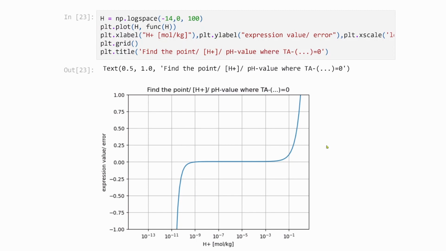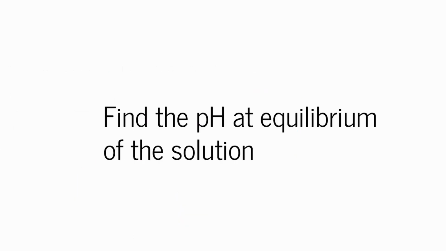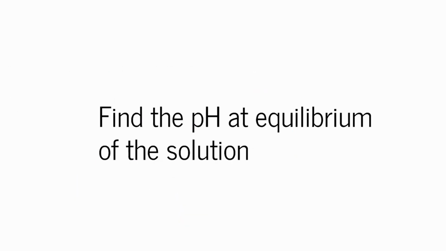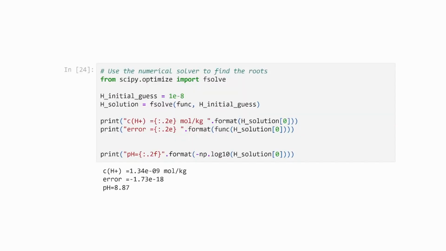So my approach is to use a numeric solver to calculate the pH exactly. So find the pH at the equilibrium state of the solution for 5 millimoles per kilogram alkalinity and 25 degrees temperature and 420 ppm of CO2. So I use SciPy optimize fsolve.